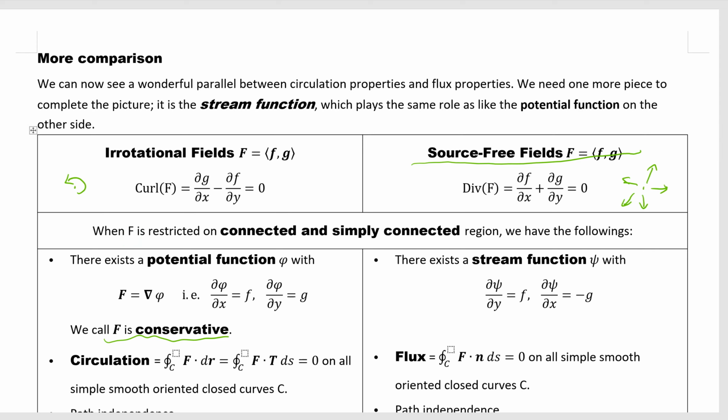A conservative vector field is also a gradient field, so we can find a potential function phi such that F is the gradient of phi, which means partial phi partial x equals F, and partial phi partial y equals G.